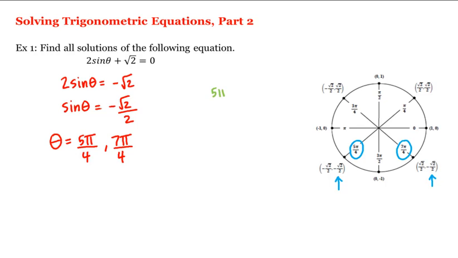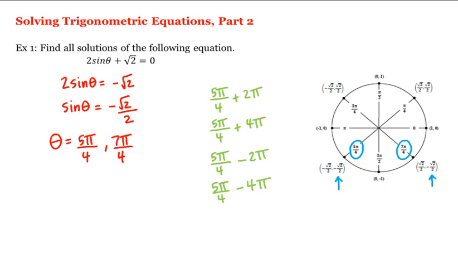For example, 5 pi divided by 4 plus 2 pi is a coterminal angle of 5 pi divided by 4. But so is 5 pi divided by 4 plus 4 pi, or 5 pi divided by 4 minus 2 pi, or 5 pi divided by 4 minus 4 pi, and so on. All of these angles will have sine equal to negative root 2 over 2.